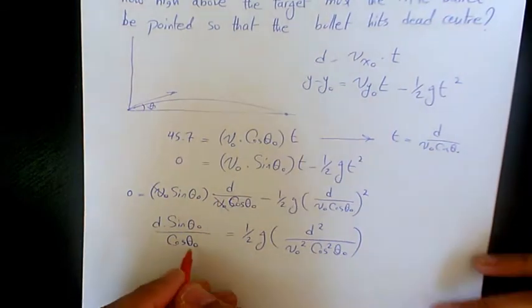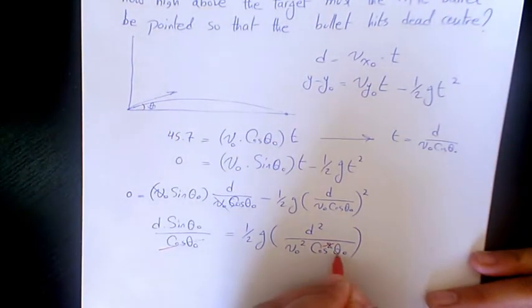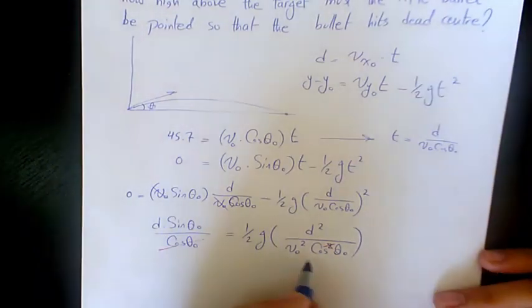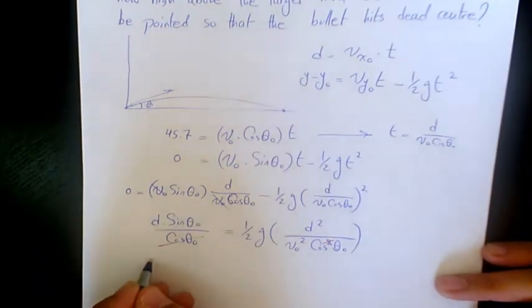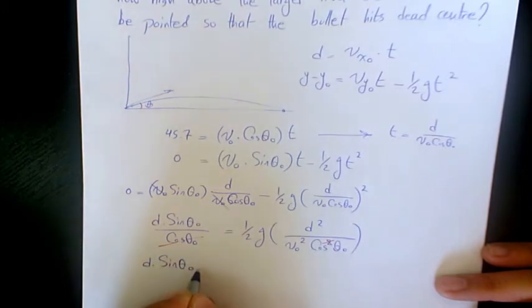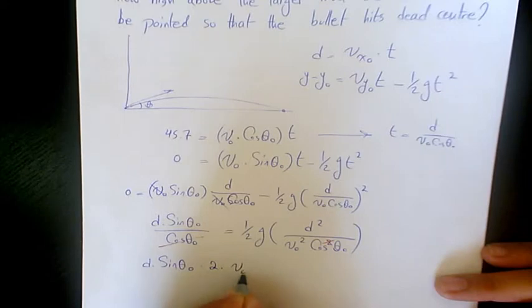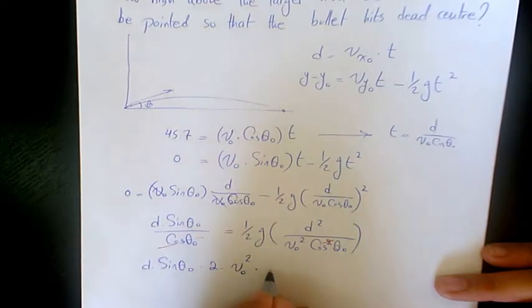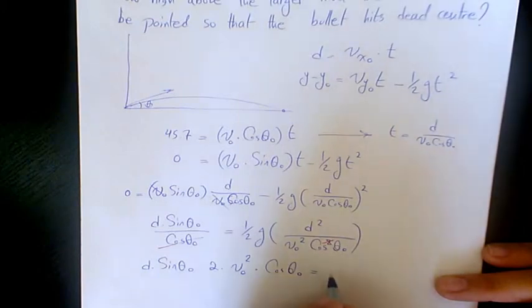Then this cosine cancels out with the exponent here. When you cross multiply, it's going to be d times sine theta_0 times 2 times v_0 squared cosine theta, equal to g d squared.